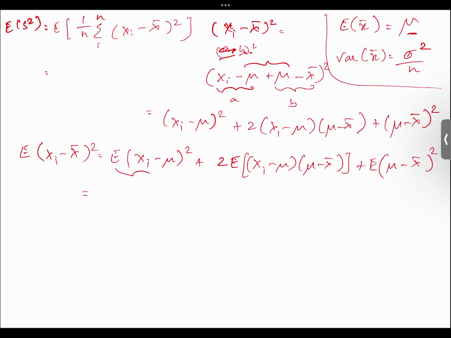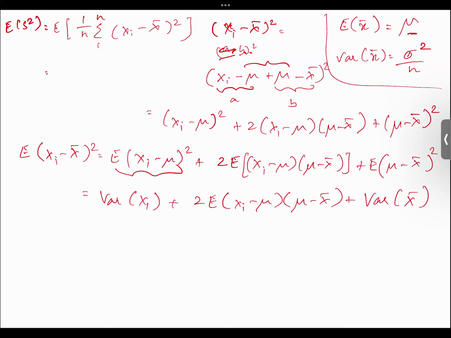Now, this term here is variance of xi, plus this term will be written as such, 2 expectation of xi minus mu minus x bar, plus, now this can be written as variance of x bar.